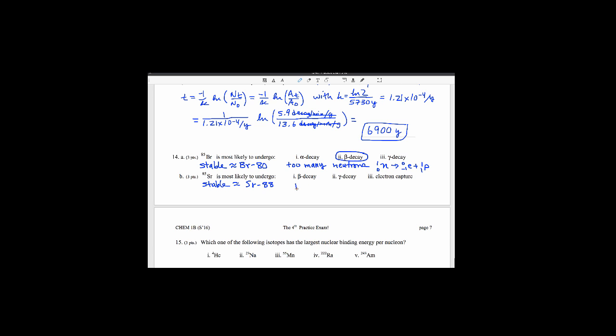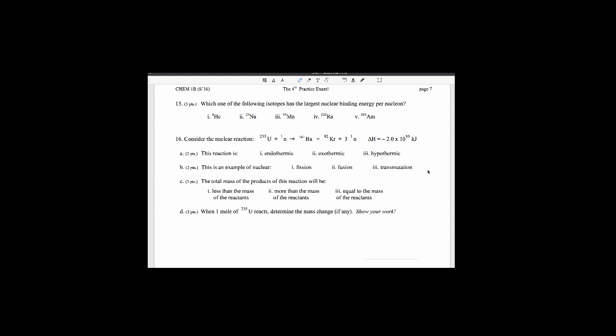So we could look at this as too few neutrons, or as too many protons. Too many protons or too few neutrons both end up having the same thing that can happen to redress that imbalance. One is electron capture, and the other is positron emission.